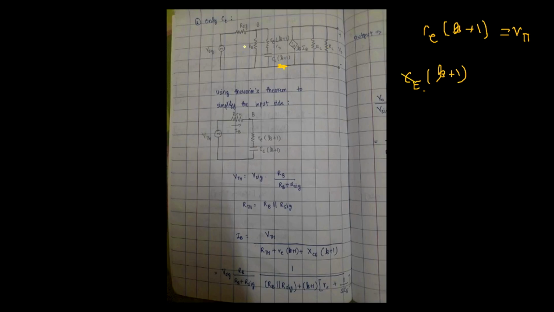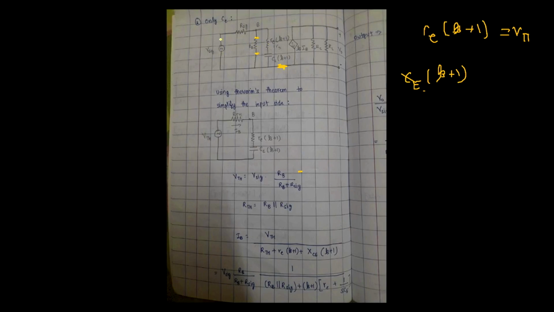So now what we do is we try to simplify the input part of the circuit and we do it using Thevenin's theorem. So we can replace V signal with V signal into RB divided by RB plus R signal because that is the potential difference across RB using voltage divider.